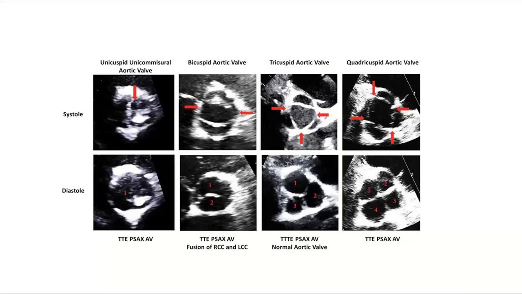And of course, with congenital abnormalities, it's always worth mentioning that you can have unicuspid, bicuspid, tricuspid and quadricuspid aortic valves. This is important because it can cause not only potential regurgitant lesions, but also stenotic lesions. So trying to establish the conformation of your aortic valve is always very important.